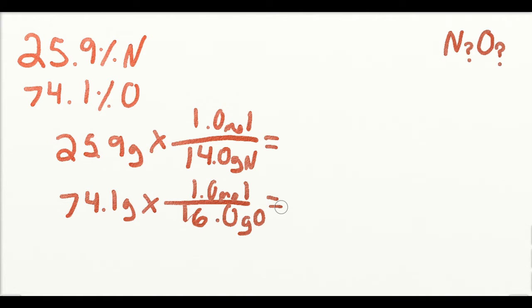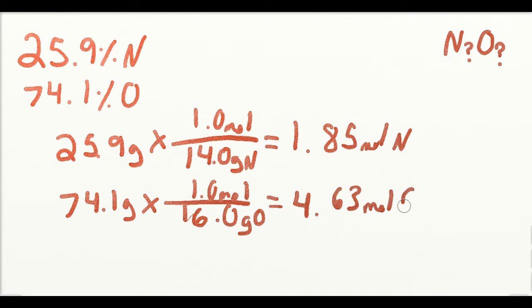For the first one, 25.9 times 1, which is the same thing, divided by 14, gives an answer of 1.85 moles of nitrogen. The other one is 74.1 times 1 divided by 16, which gives about 4.63 moles of oxygen.